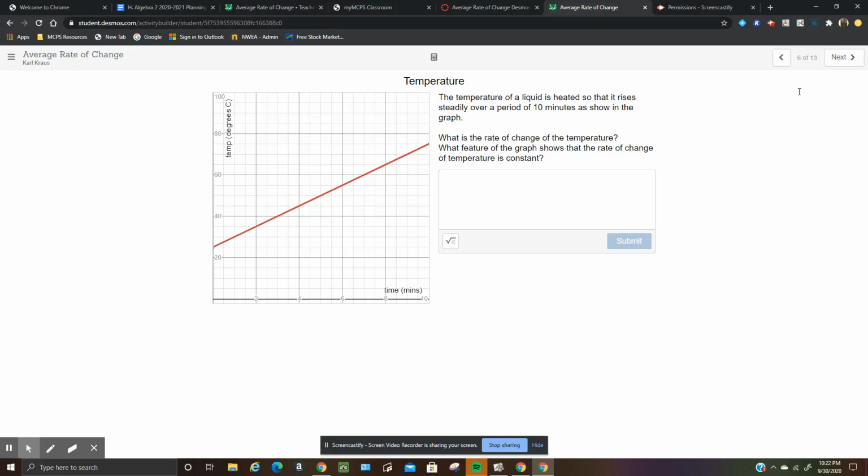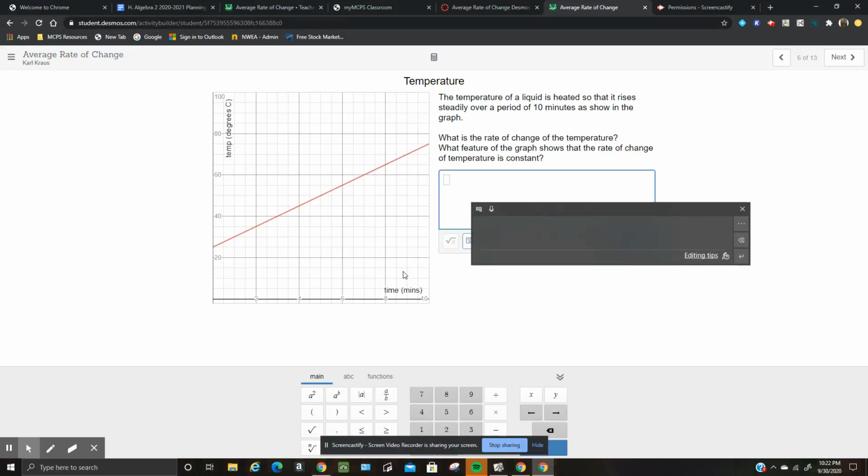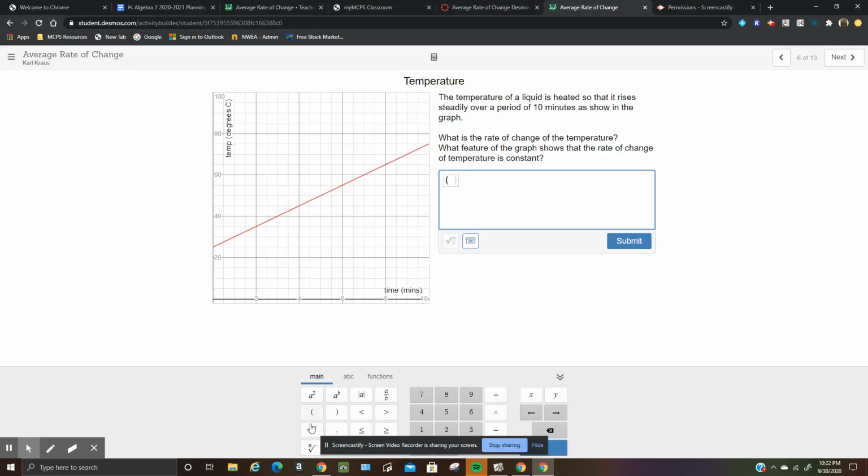So I can do these 2 points here. Let me do parentheses.